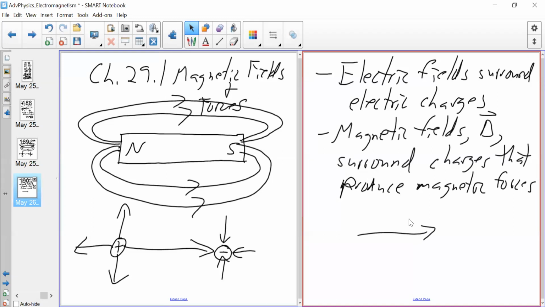If a charge is not moving, there's not going to be any magnetic field produced.